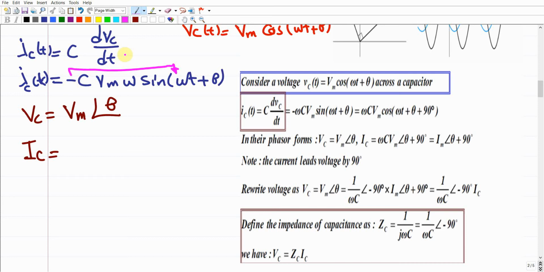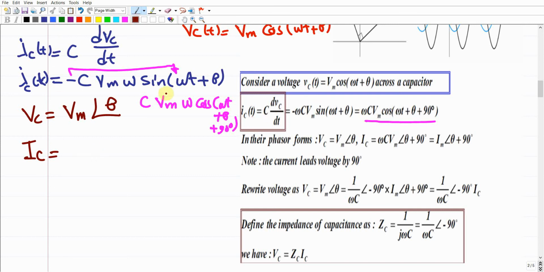Adding this negative inside and doing the multiplication, the equivalent form will be C Vm omega, the cosine of omega t plus theta plus 90 degrees. Conventionally we add negative 90 degrees to convert from sine to cosine, but including the negative inside converts the angle to positive 90, to get rid of the negative in front.